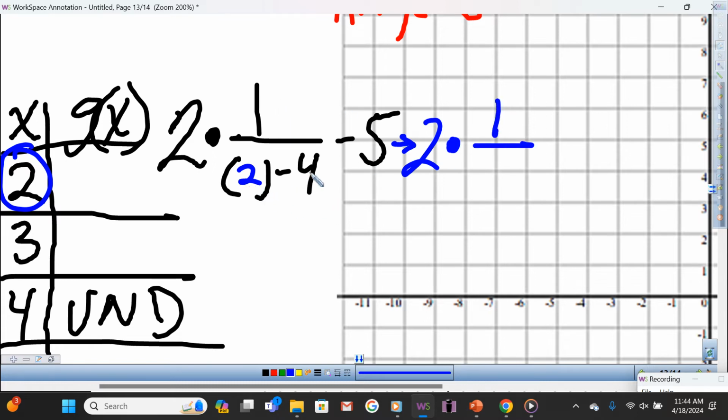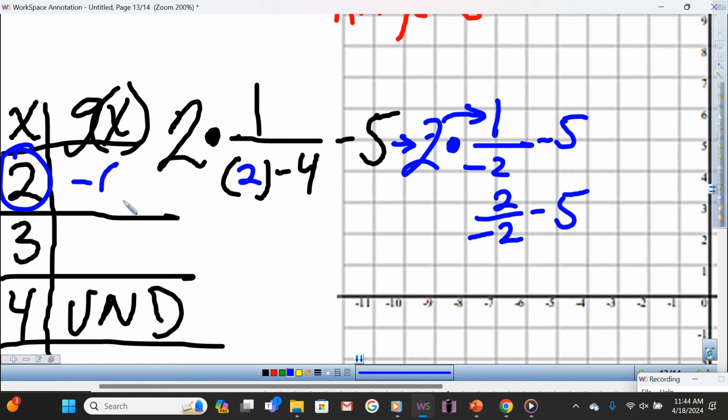Ryan, 2 minus 4. -2, then at the end -5. So watch. 2, you distribute to the numerator, that becomes what? 2 over -2 minus 5. Rylan, what is 2 over -2? -1 minus 5? Yeah, -6. Write that in there, please.